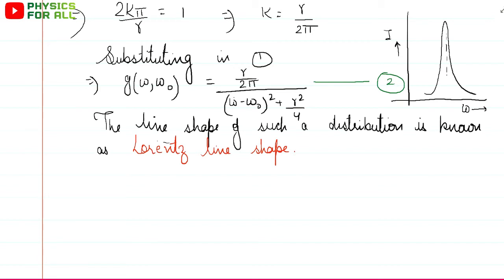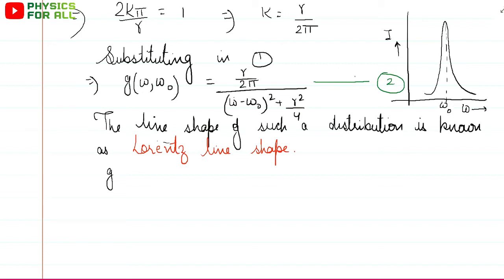We are interested in knowing the maximum value. g omega omega naught is maximum when omega is equal to omega naught. Obviously, the maximum photons emitted give us the peak, which corresponds to omega naught, the central frequency, or here the natural angular frequency.